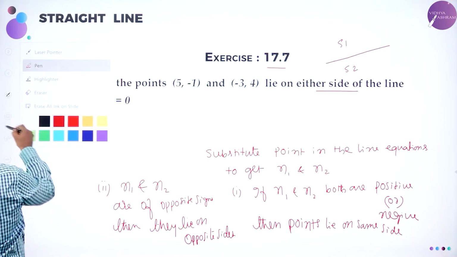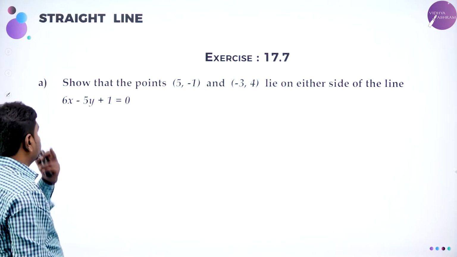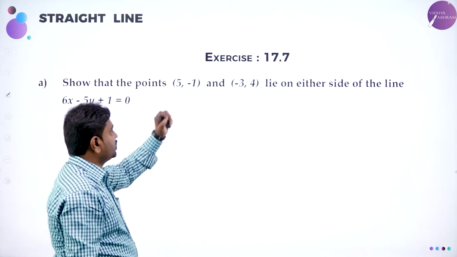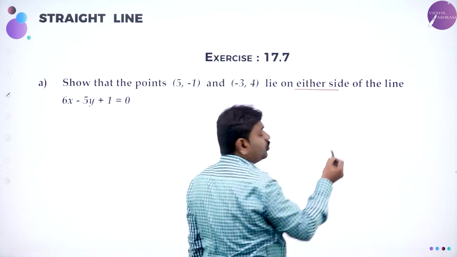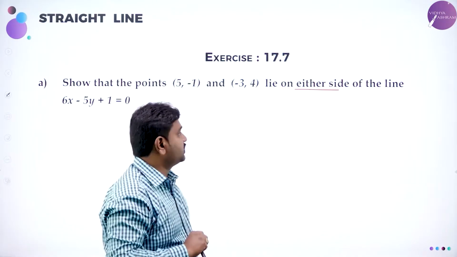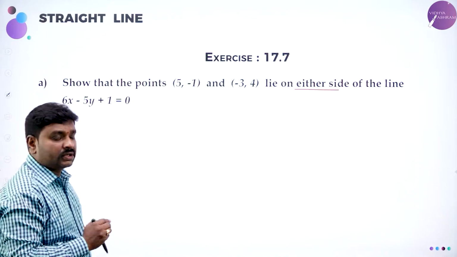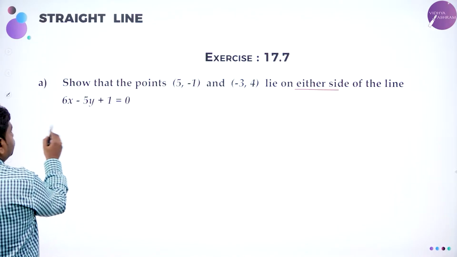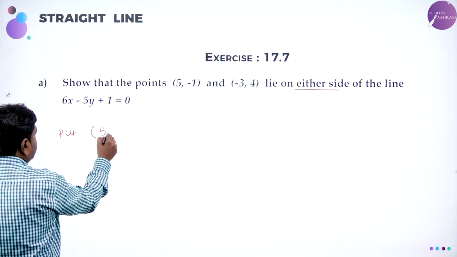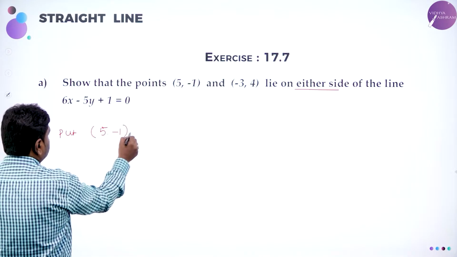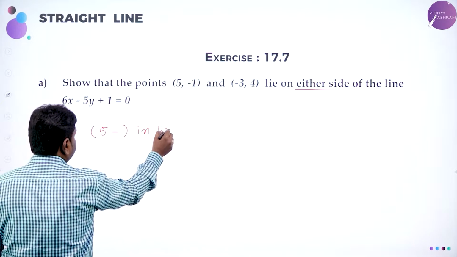Now, they're asking you, show that the points 5, -1 and -3, 4 lie on either sides. You need to prove the points lie on either sides of this line. So now we'll put the point. Put 5, -1 in the line equation.